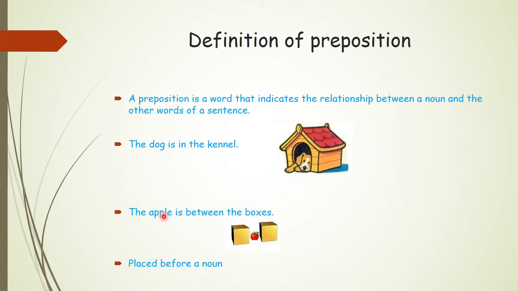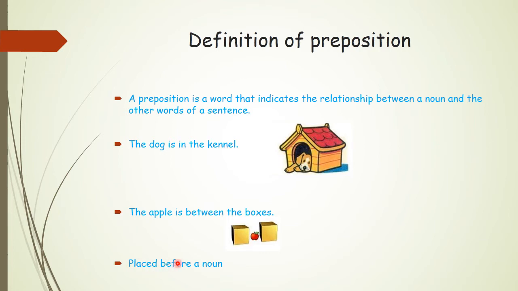Here we have 2 nouns, apple and boxes, and it tells again where the apple is. It is between the boxes. So here between is a preposition that shows the relation between the apple and the boxes. And what kind of relation? Relation in terms of position. Where is the apple?